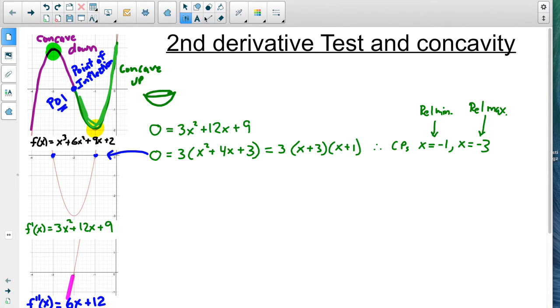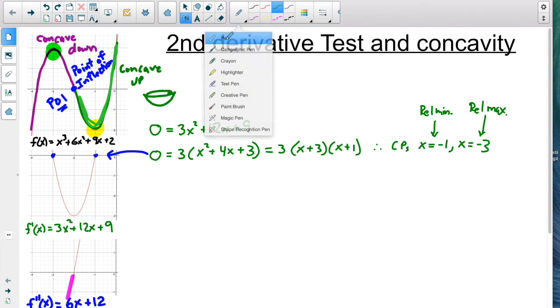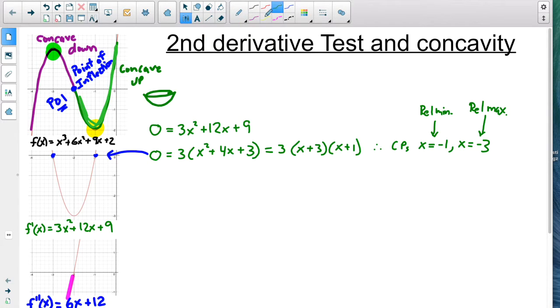So what's important is the second derivative predicts, right? Second derivative up here, this should be green. This, on this graph, predicts concave up on F, not F prime, not F double prime, on F, okay?